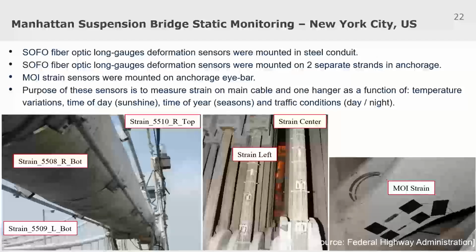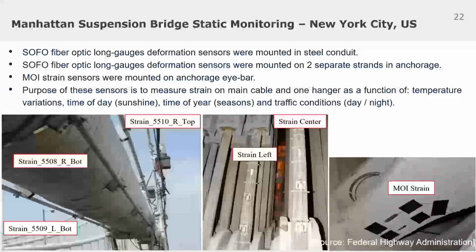So here on the left, we can see the deformation sensors that were mounted on the steel conduits of the cable at about 120 degrees. And here in the center, the sensors were mounted on 2 separate strands in the anchorage. And on the right, we can see the strain sensors that were mounted on the anchorage eye bar.